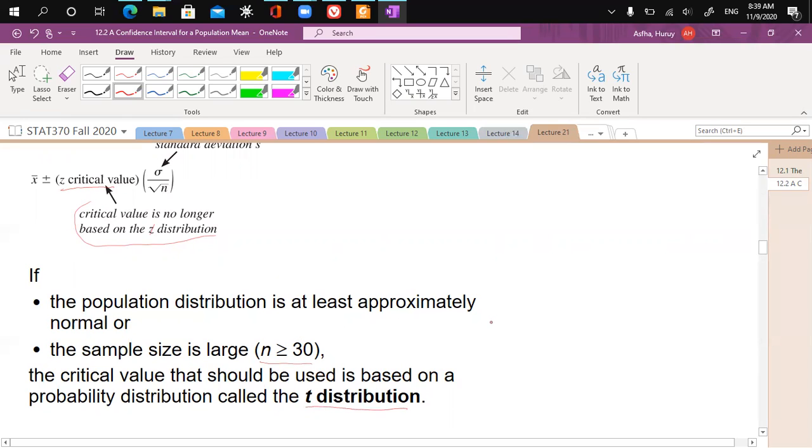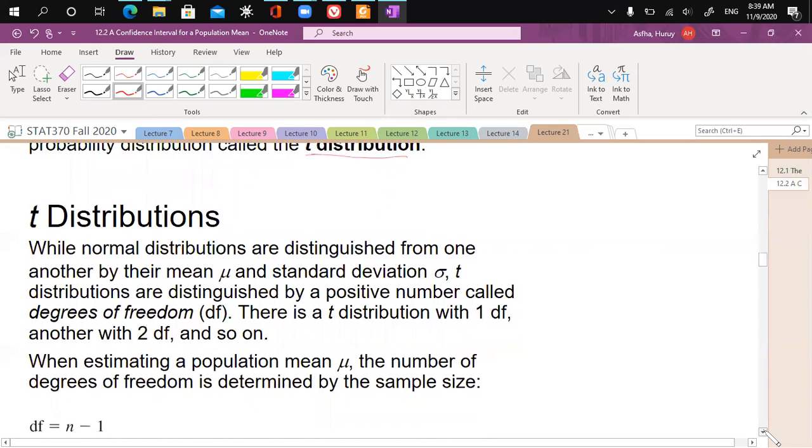So if we have one of these two conditions, and sigma is unknown, then we use the so-called t distribution.